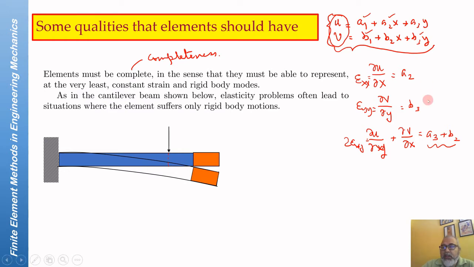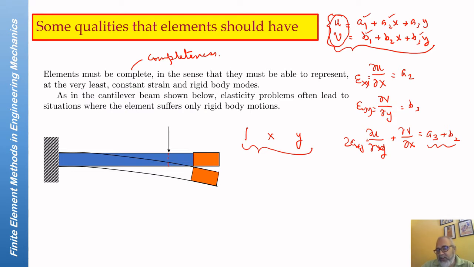So that's the minimal that needs to be satisfied, and that is satisfied by the three-noded triangle. So completeness is the first property that you must have. So you must have the linear terms 1, x, y as the minimal trial function set that you can use in a finite element.